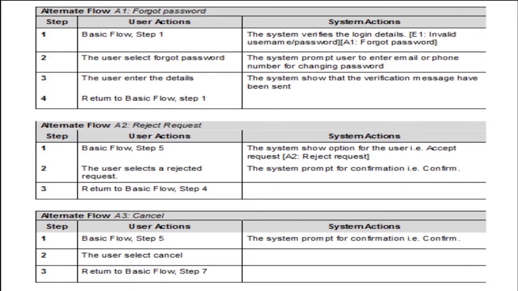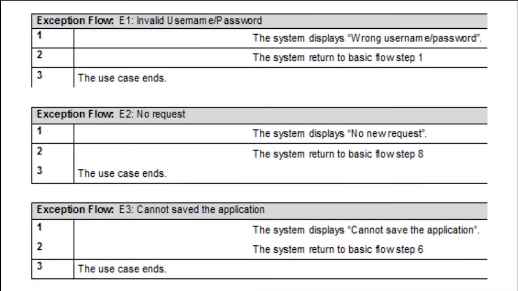And alternate flow 3 is cancel. This happens in basic flow step 5 in the confirmation statement. The system prompts for confirmation, so the user selects cancel, and then it will return to basic flow step 7.